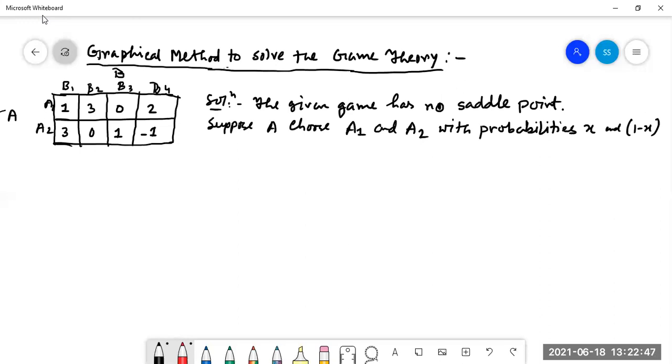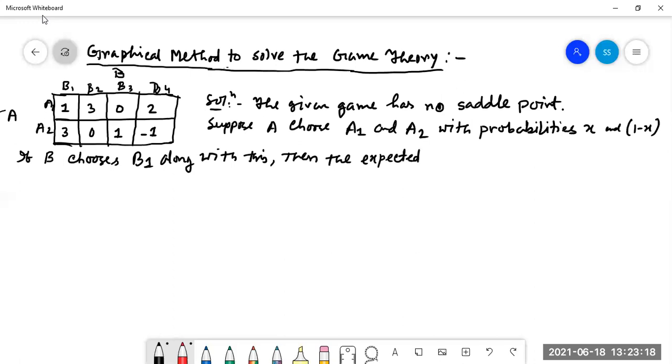If B chooses B1 along with this, then the expected gain G of A, what is the value of G?